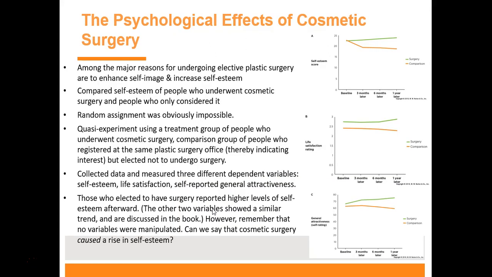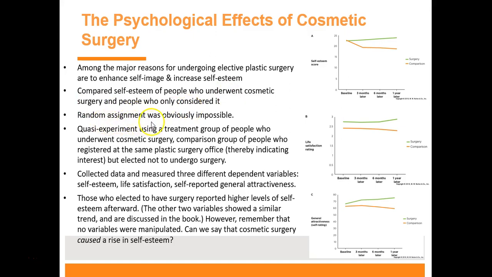So, for example, here's a quasi-experimental study on the effects of cosmetic surgery. Among the major reasons for undergoing elective plastic surgery is to enhance self-image and increase self-esteem. So they compared the self-esteem of people who underwent cosmetic surgery and people who only considered it.